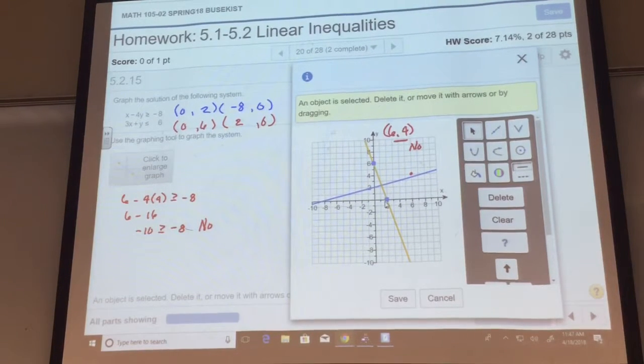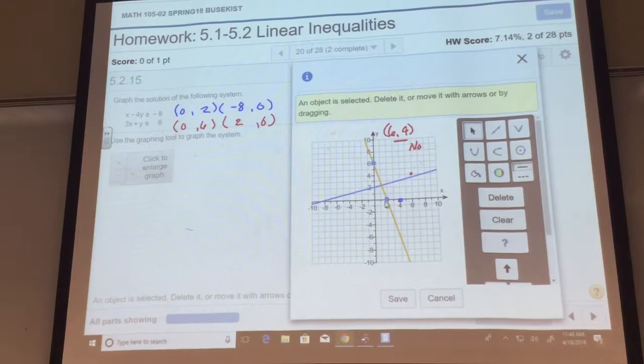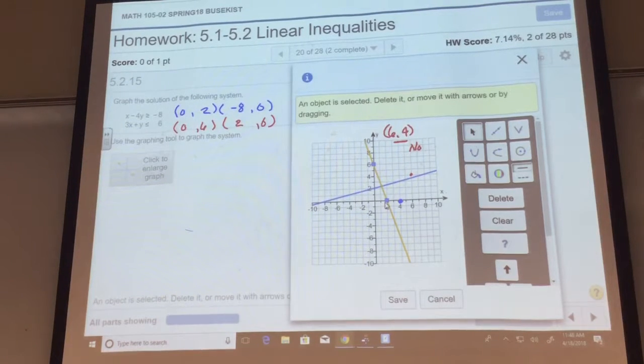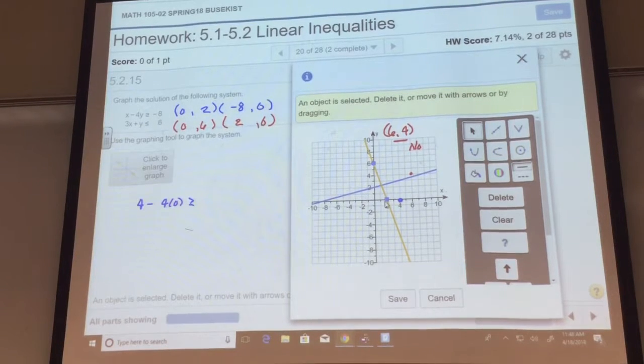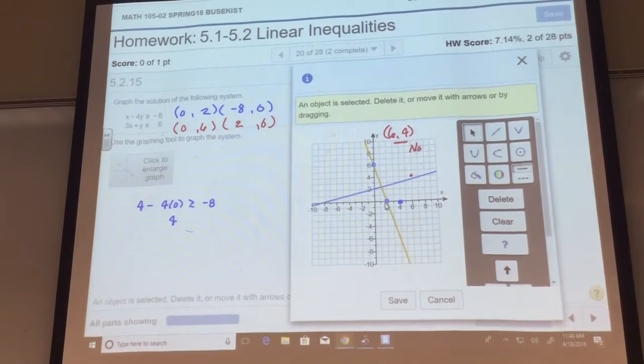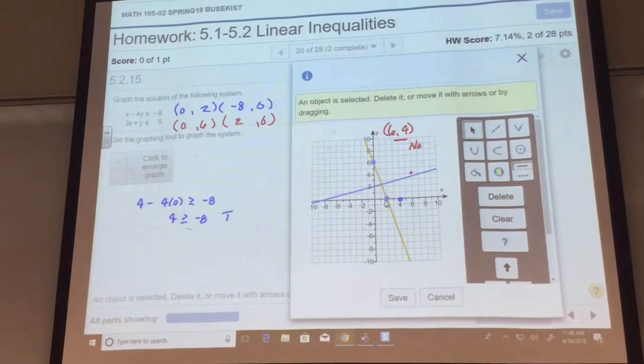Where next? 4, 0? Okay, so 4, 0 is down here. So now 4 minus 4 times 0 is greater than or equal to -8. Is 4 greater than or equal to -8? Yes, that's true, isn't it? Okay.